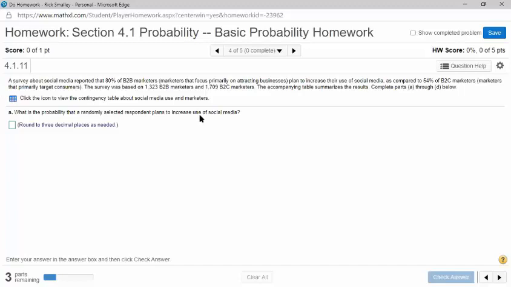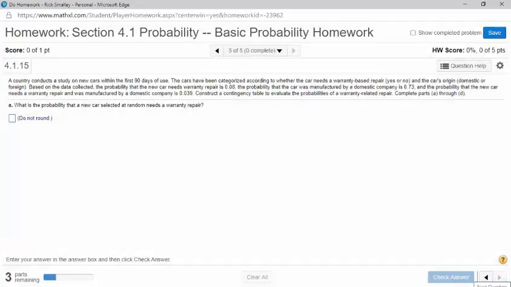I could see how reading this out of some sentences could be a bit of a challenge, but if it brings up the table, that's going to help. Ooh, like this one. We have to kind of build the table. Well, that's okay. We'll come back and maybe take a look at that one. I'll go back and look at one of these other ones first.